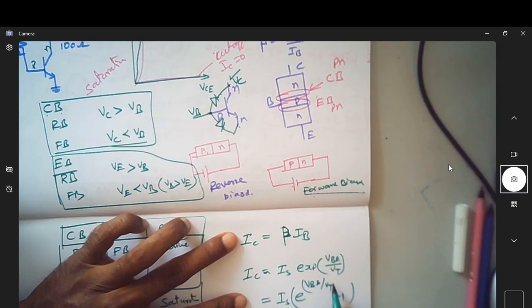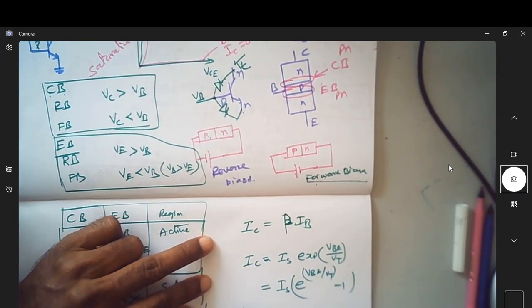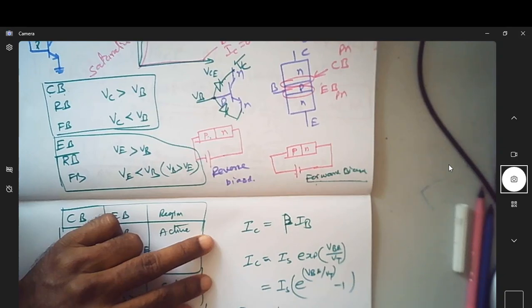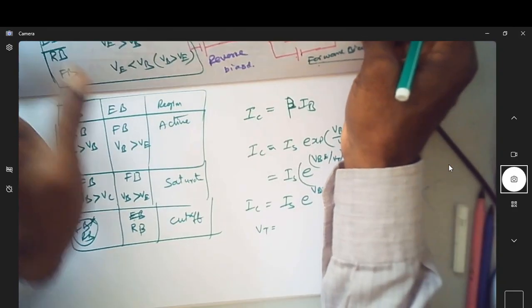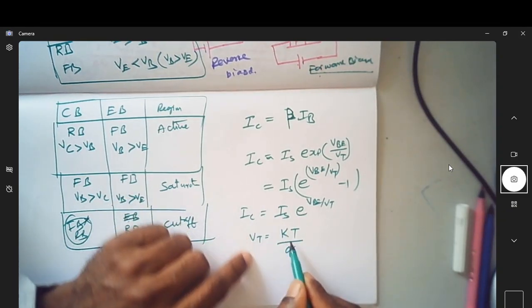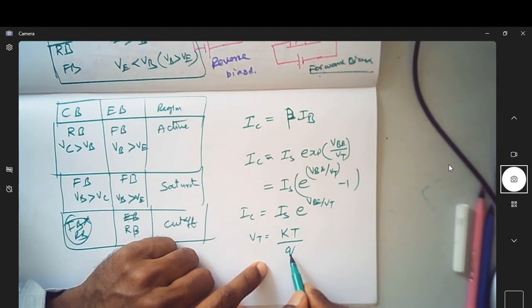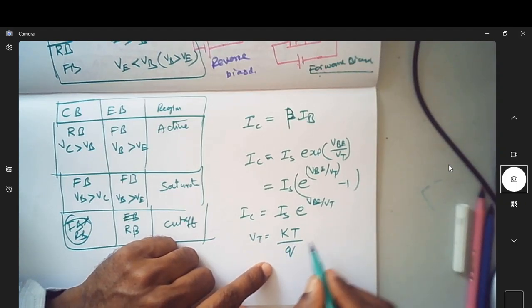Since this quantity is very, very large, we will just neglect this term, so that IC can be written as IS e power VBE by Vt, where Vt is thermal voltage, given by KT by Q. K is the Boltzmann constant, T is temperature in Kelvin, Q is the electron charge.